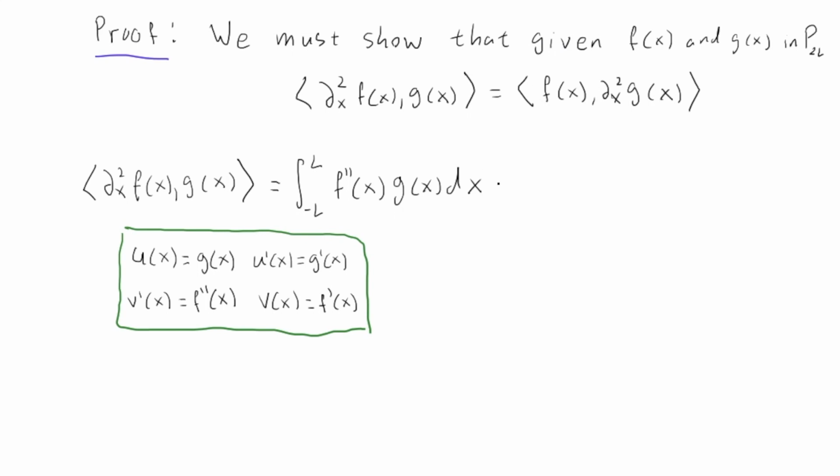So this will turn into, you have the boundary terms, which is going to be u of x times v of x.